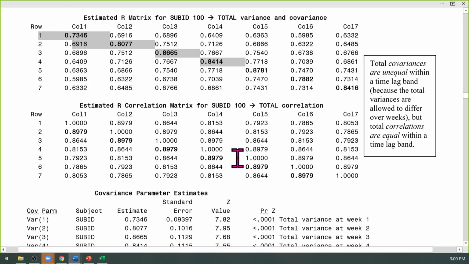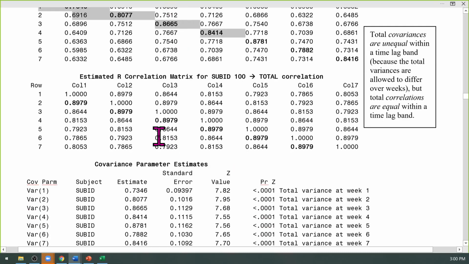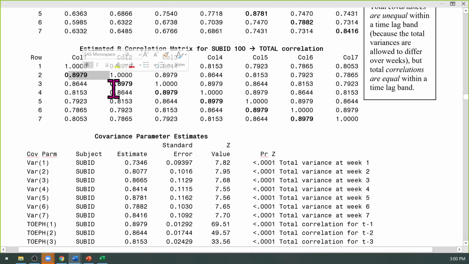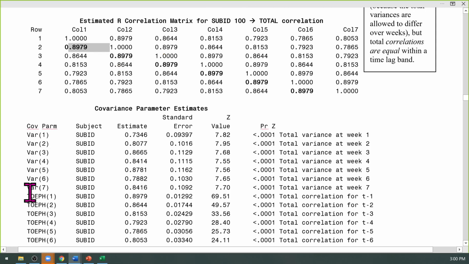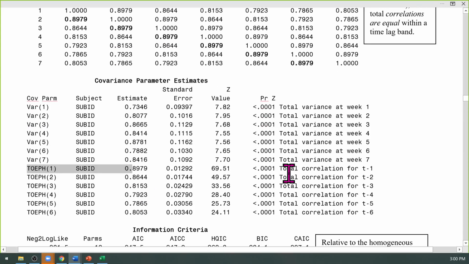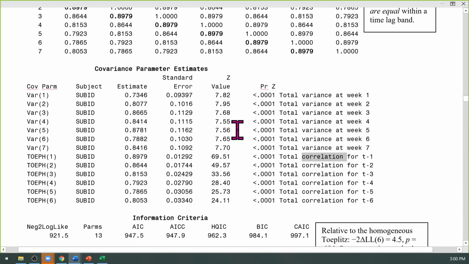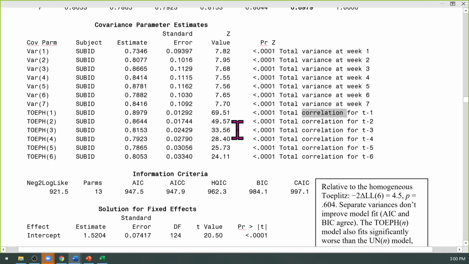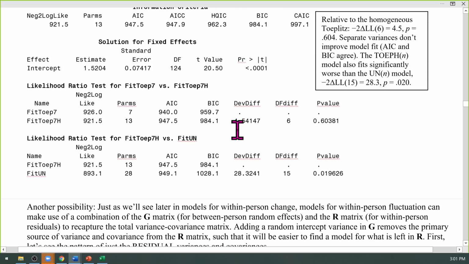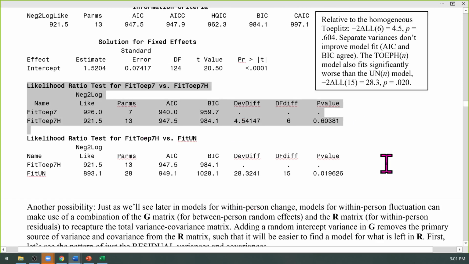And so once we have different variances across time, then the parameters of the Toeplitz model are correlations instead, because covariances differ by variances, and so they phrase it in terms of correlations. So that's why I have labeled correlations down here instead of covariances. And here we go. First question, did adding 6 more variances help?